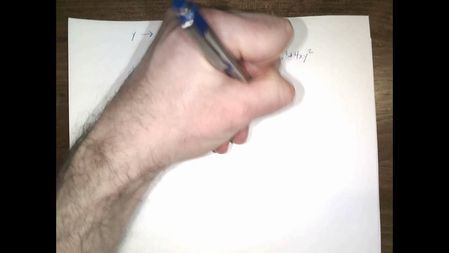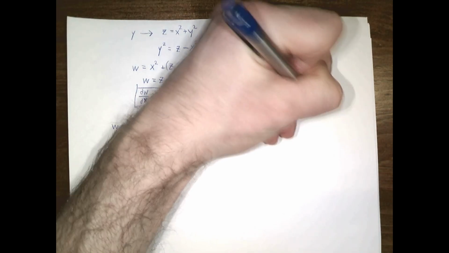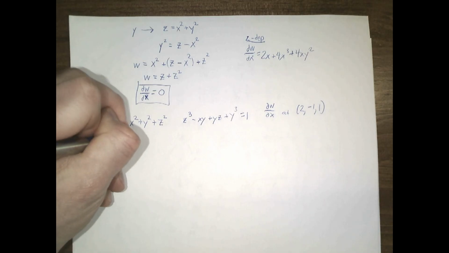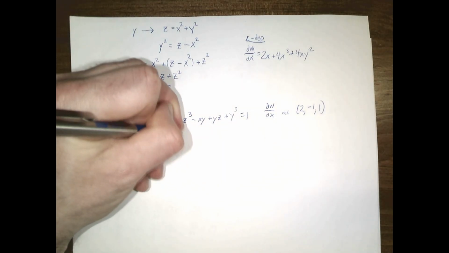So we want to find the derivative dw dx at the point (2, -1, 1). We're going to say that both x and y are independent.